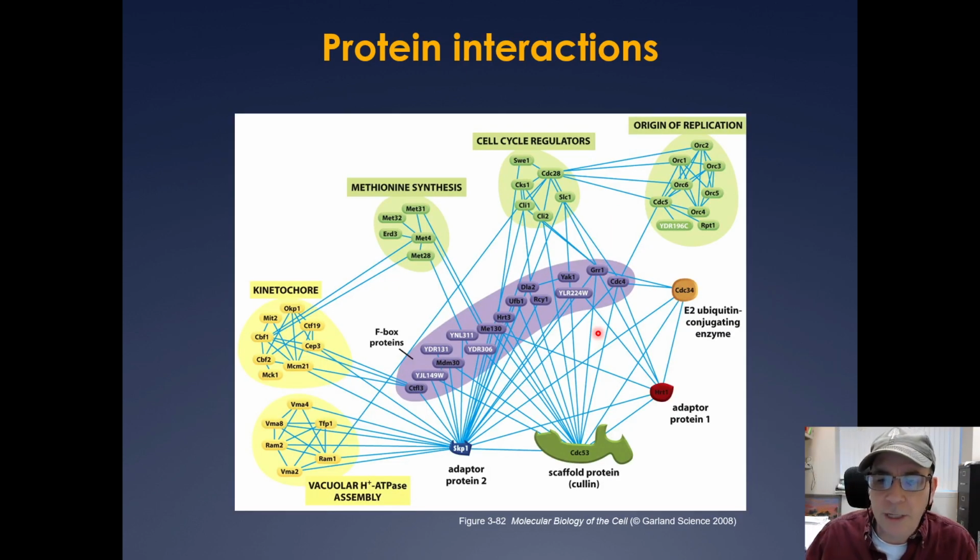And that's shown here, where you have the Cullin protein, the scaffold protein, and Skp, and these will associate with all kinds of different F-box proteins and adapter proteins to bring in the ubiquitin conjugating enzymes. And then depending on which F-box protein is there, you can generate turnover of all of these different targets, either the origin of replication complex, cell cycle regulators, the kinetochore, methionine synthesis, to help regulate what's going on in the cell.